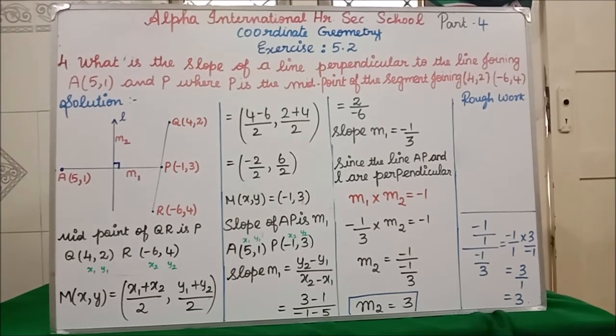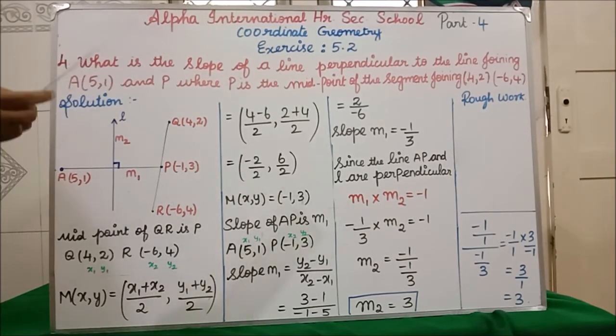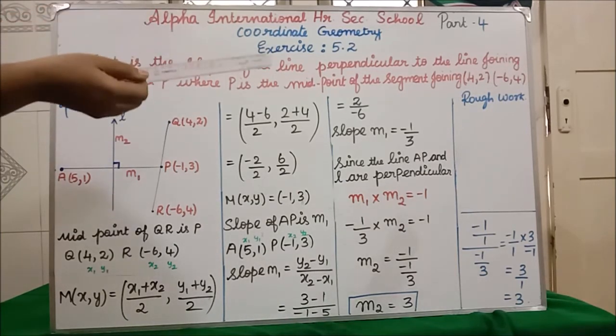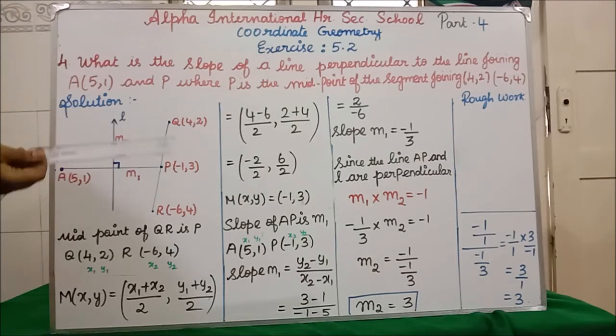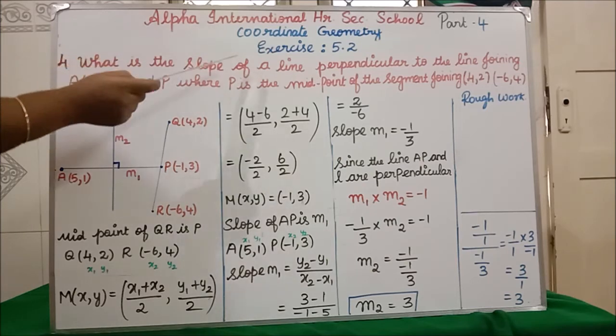What is the slope of a line perpendicular to the line joining A (5, 1) and P, where P is the midpoint of the line segment joining (4, 2) and (minus 6, 4)? See students, in this question what are they asking?